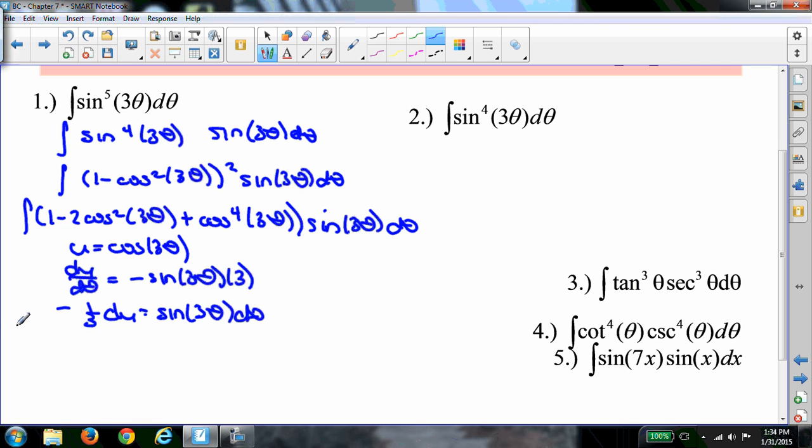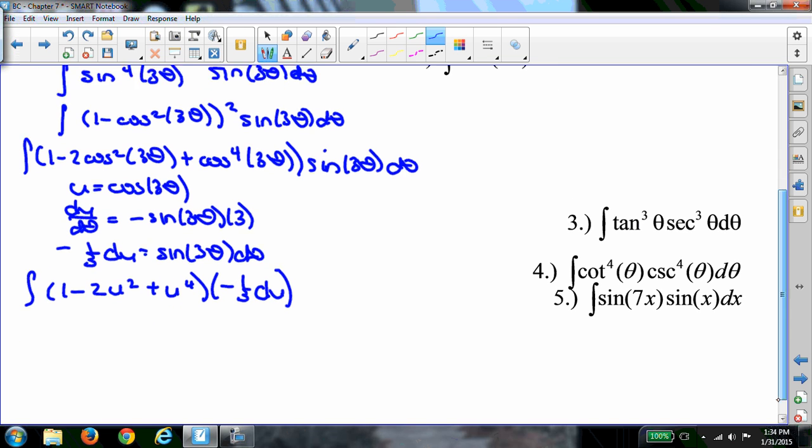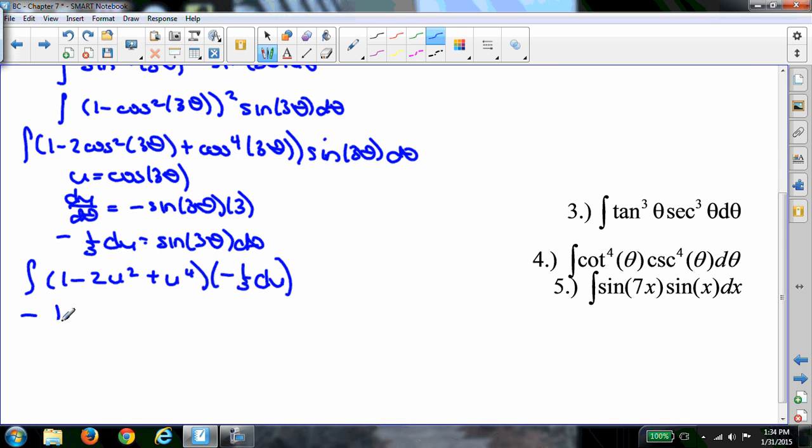So everywhere there's a cosine, I'm going to replace it with a u, and the sine 3 theta d theta at the end, I'm going to replace with a negative 1/3 du. So now I have 1 minus 2u squared plus u to the 4th, negative 1/3 du. If we integrate this, I'm going to go ahead and put the negative 1/3 on the outside. I would get u minus 2/3 u cubed plus 1/5 u to the 5th plus c.